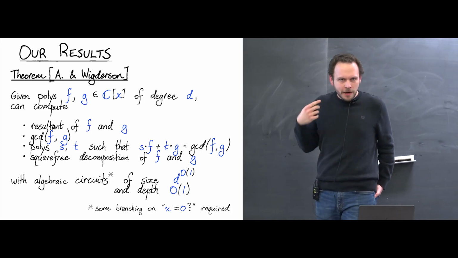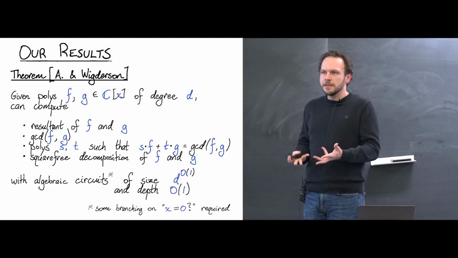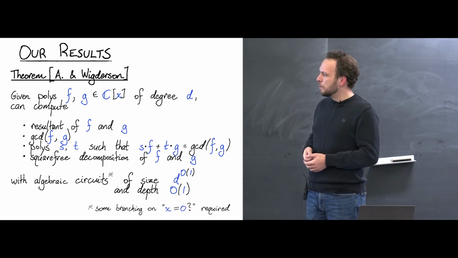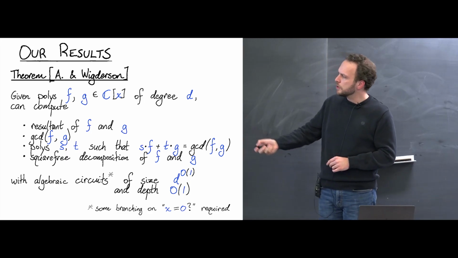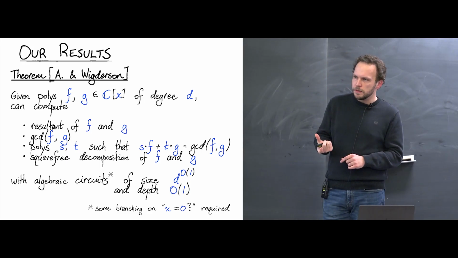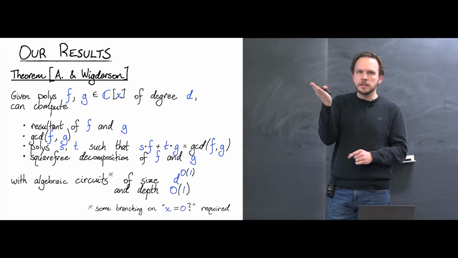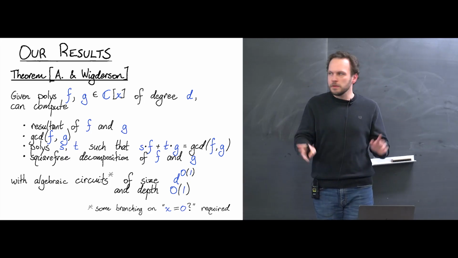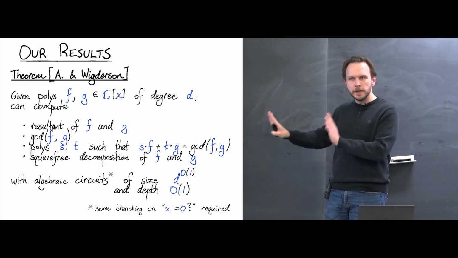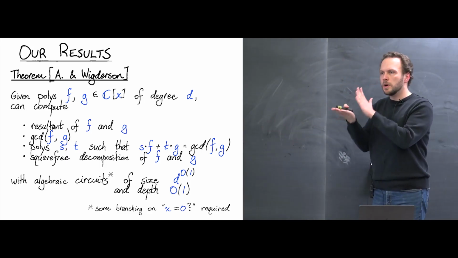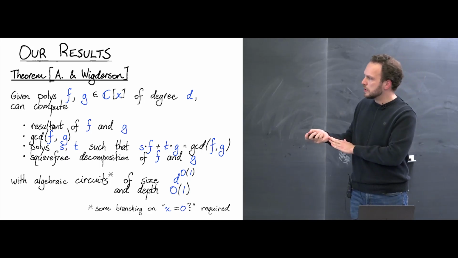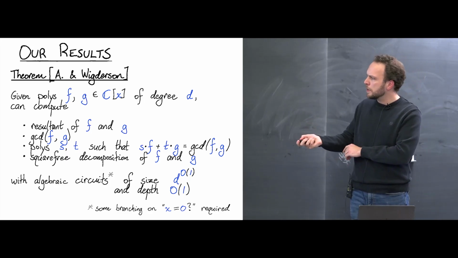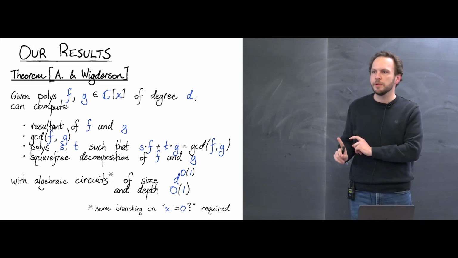So I need one extra operation so that I even have a chance at computing these things, and it's something totally reasonable. We just need to have some kind of branching operation where you look at a value you've computed, and you branch depending on, is this value 0 or non-zero? This is a totally natural thing to include, and with this, we actually get these small low-depth circuits for these problems. But morally, you should think of these as just algebraic circuits. I'll show you later on where this branching comes in. There's one step where we need it.